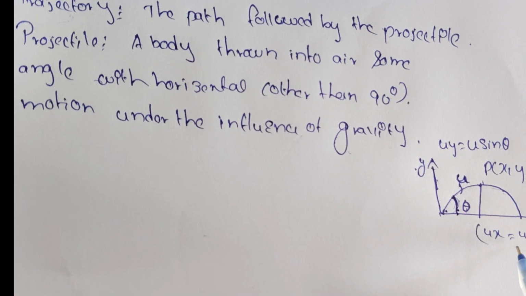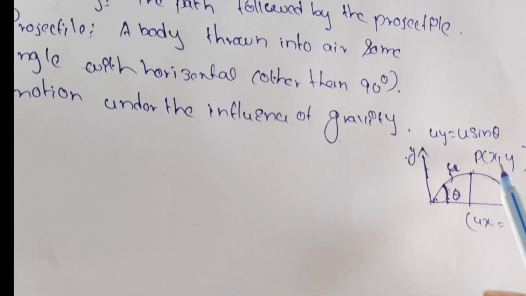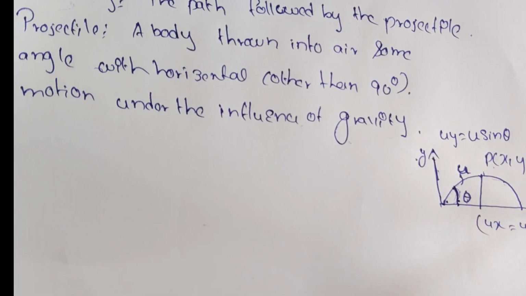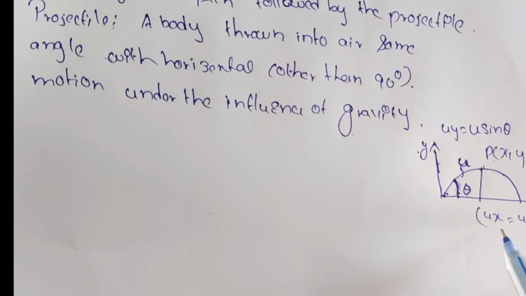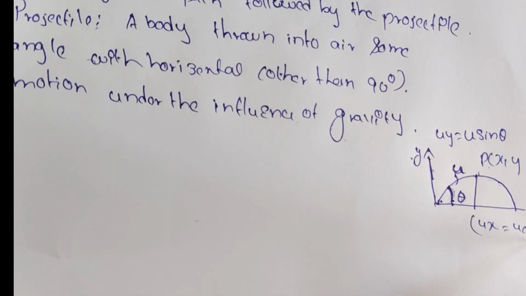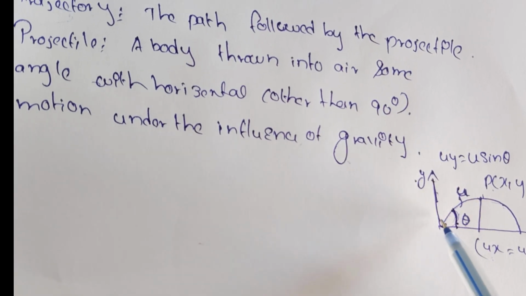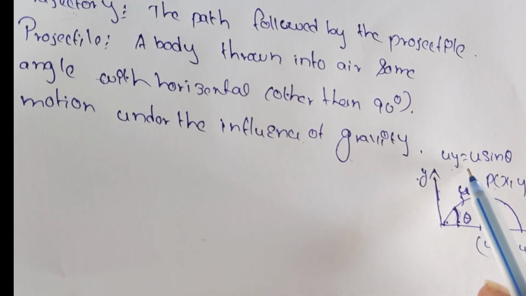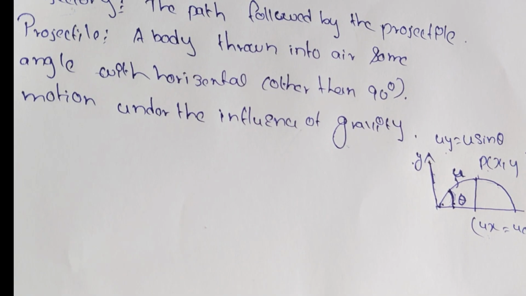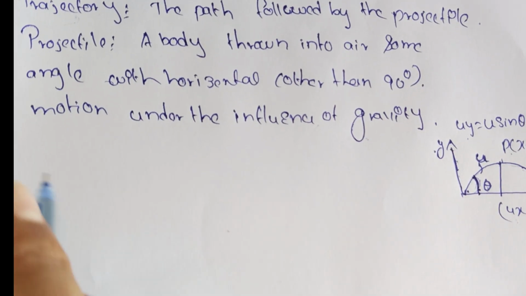Here, in horizontal direction, x comma y are the components of the body. Now here we take the horizontal component, denoted by ux equal to u cos theta, and also in vertical direction the component uy equal to u sin theta. So these are the two components of the body.